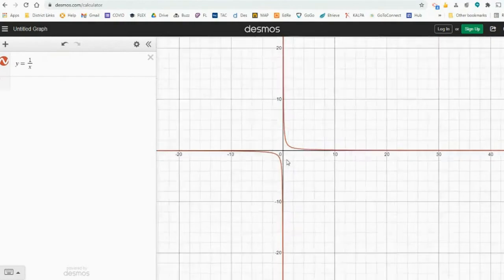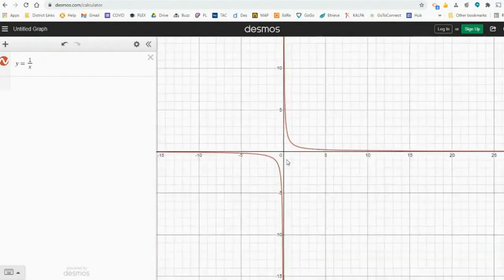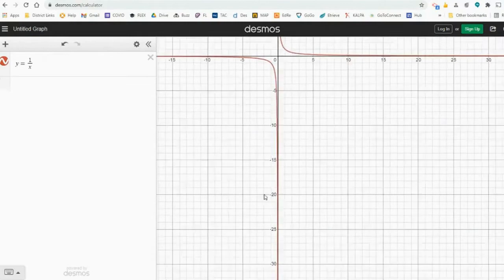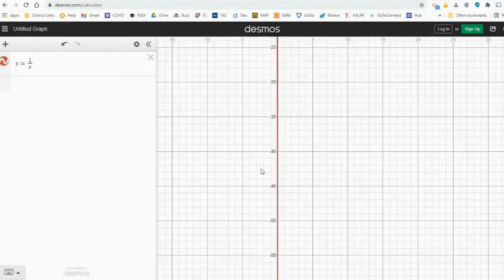But what happens as we approach that asymptote? Well, it depends. If we're approaching from the negative side, then we see that the function goes farther and farther towards negative infinity. It'll never touch 0, but it'll get closer and closer and closer to x equals 0.